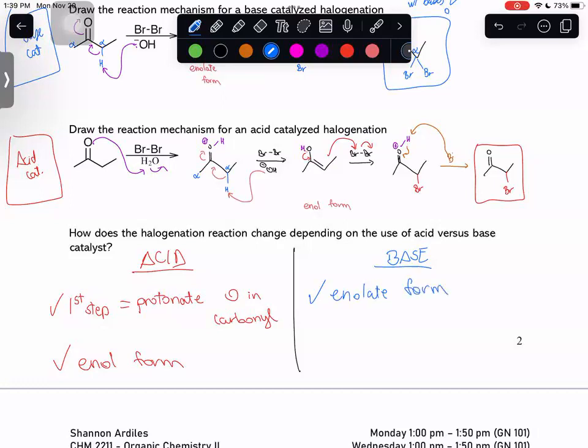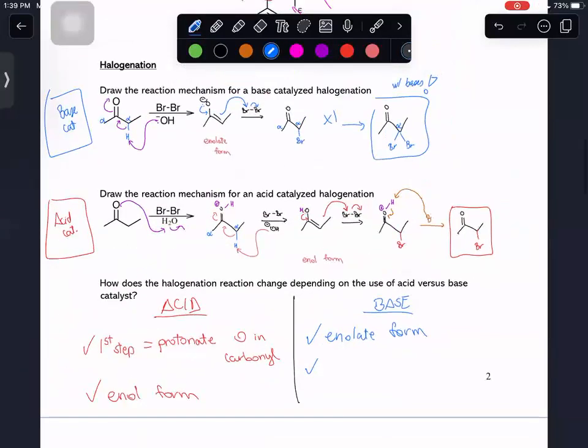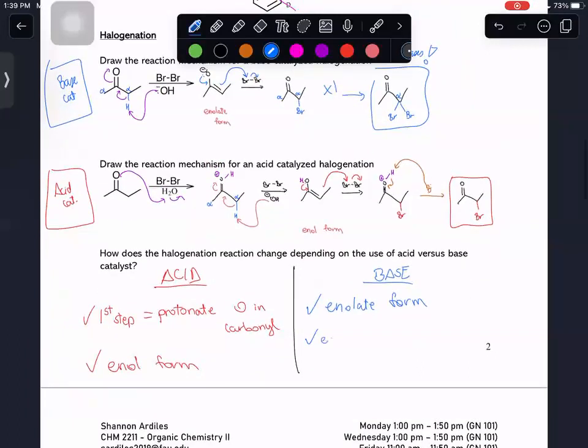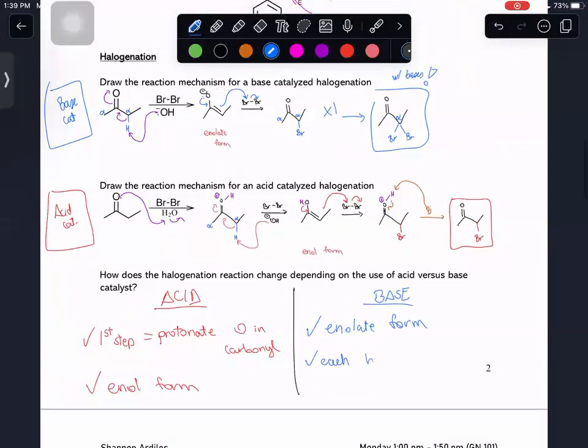And then let's just make a quick note on the polysubstitution. So pretty much each halogenation promotes another halogenation.